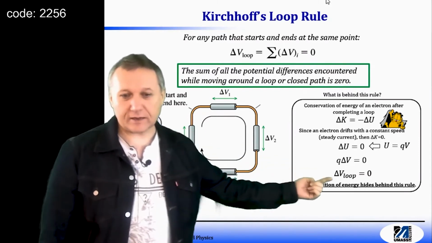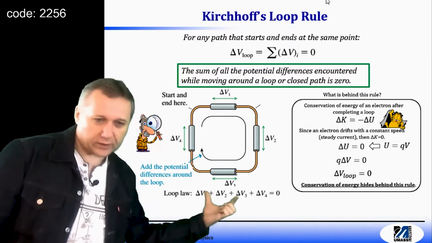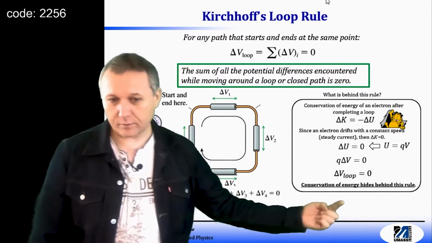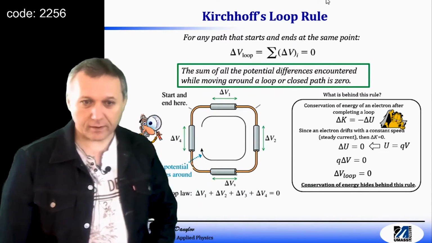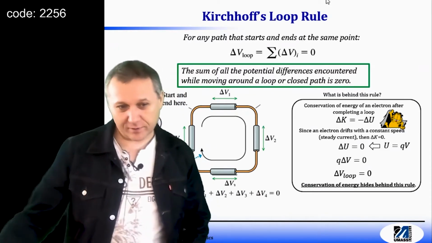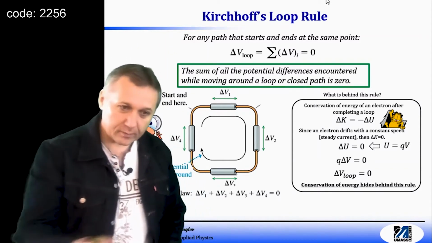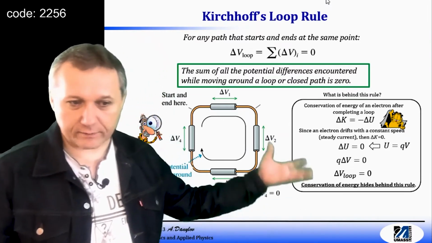So inside of that delta V, we have delta V1, delta V2, delta V3, and delta V4. So we're getting this rule. If you walk around the loop, counting all potential differences, and add them all up, you're supposed to get 0. Just conservation of mechanical energy.